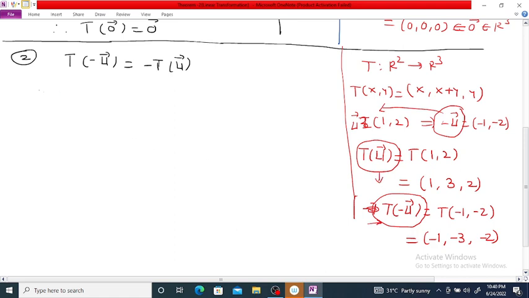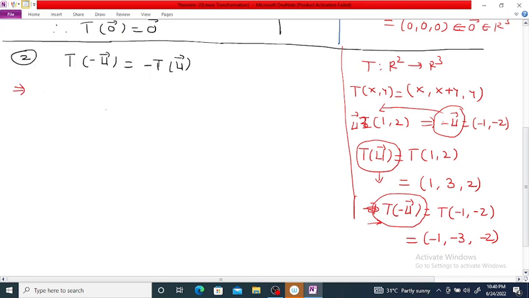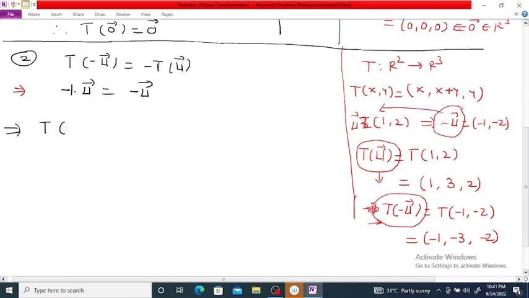Now to prove this, we know that minus 1 into u bar is equal to minus u bar. So we can write T of minus u bar is equal to T of minus 1 dot u bar.